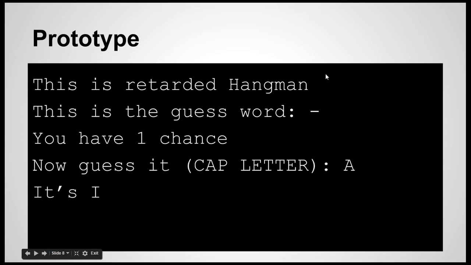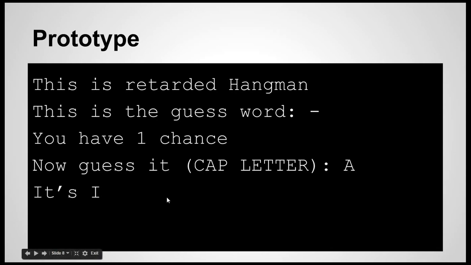This is like a welcome line. The second line is where you tell the player about the guess word, which has only one letter because we want the program to be simple to write. Then you tell the player that they have only one chance, and now they have to guess it using a capital letter. In this case, they guess it's A. Then I'll tell them that the mystery word is I.